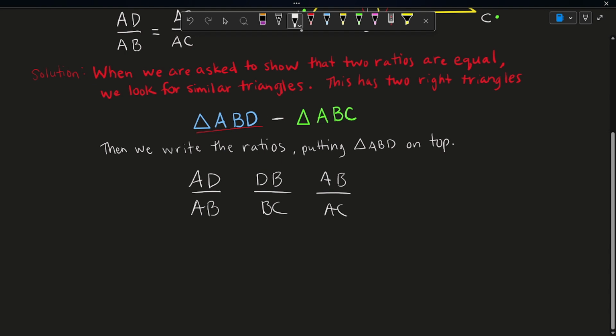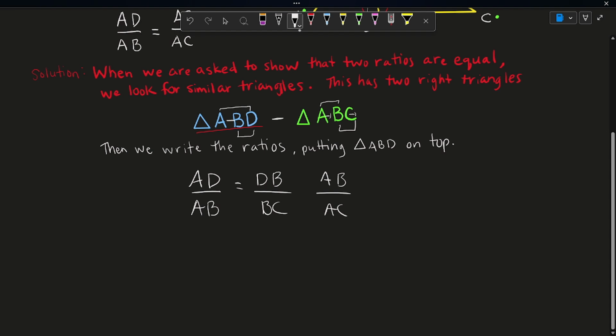So what we did was basically we had these two, they correspond with these. And then DB corresponds with, oh, I'm sorry, BC. And then AB correlates to AC.